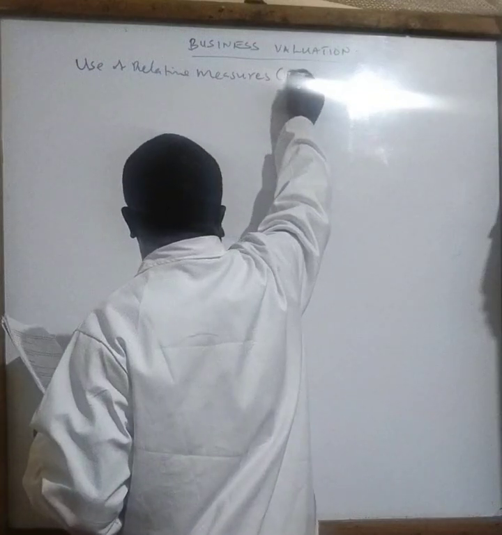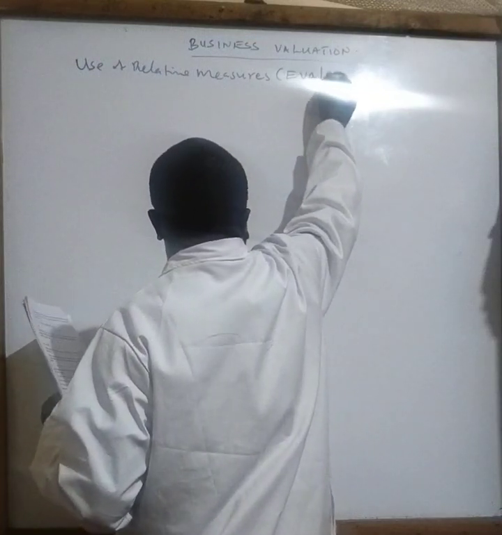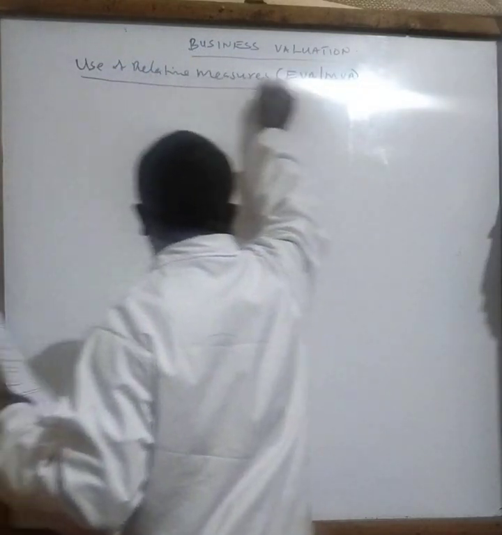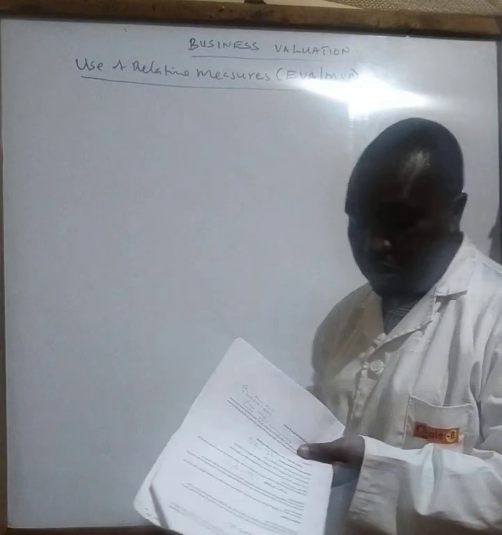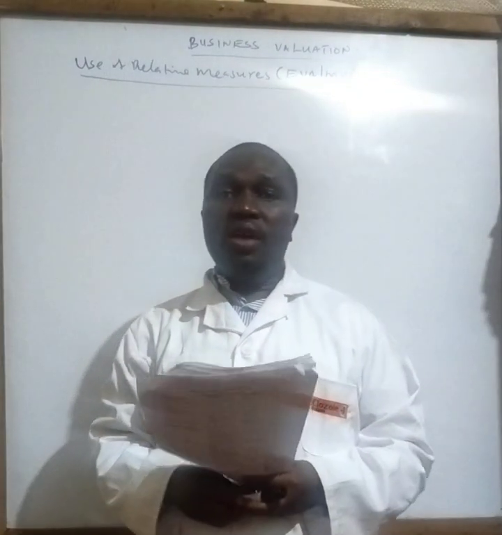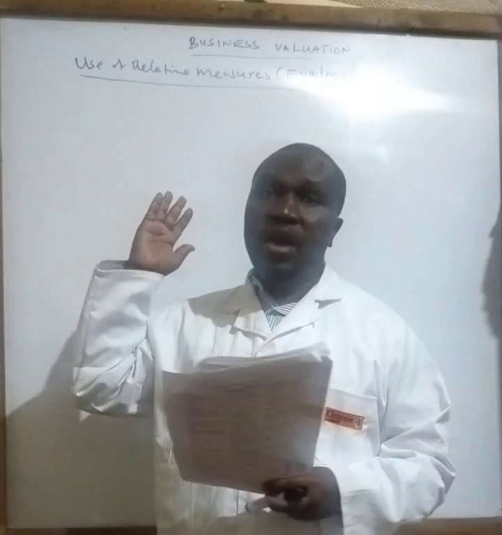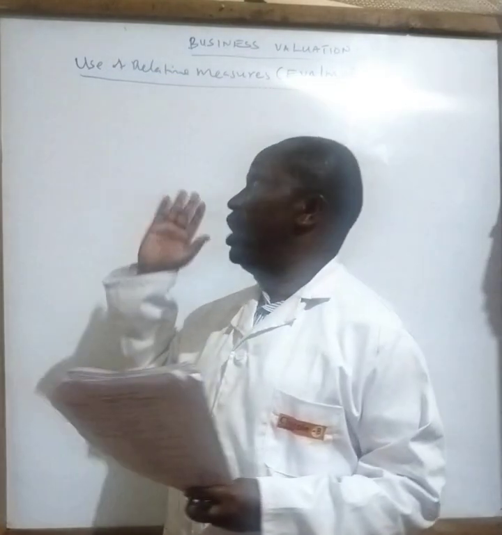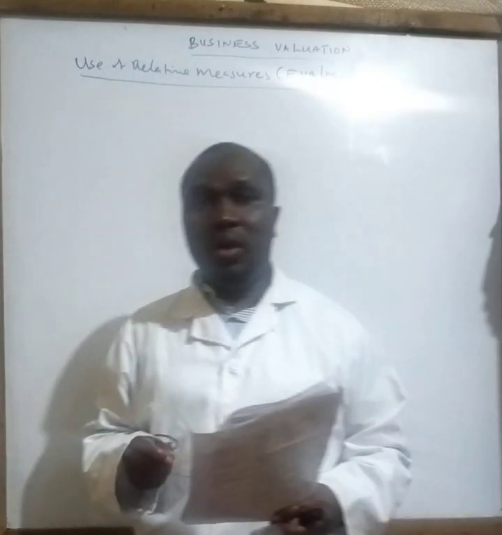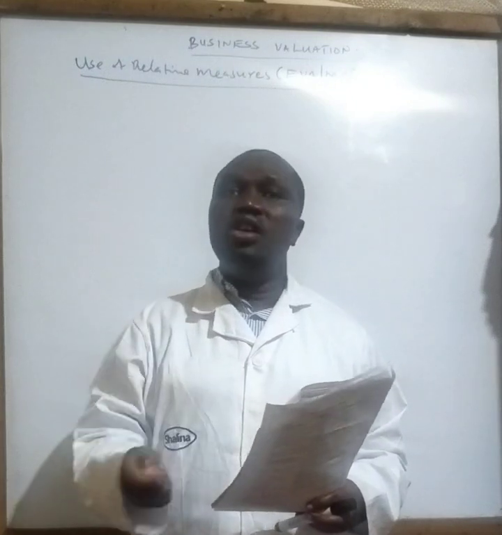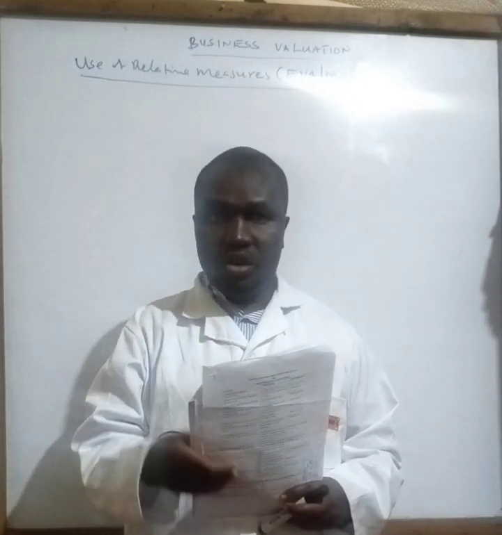This is EVA and MVA. EVA and MVA are very common methods used to value businesses in a given organization, and the CASNEP syllabus commonly asks students to explain the meaning of EVA and MVA. Then you will also be asked to do some computation.